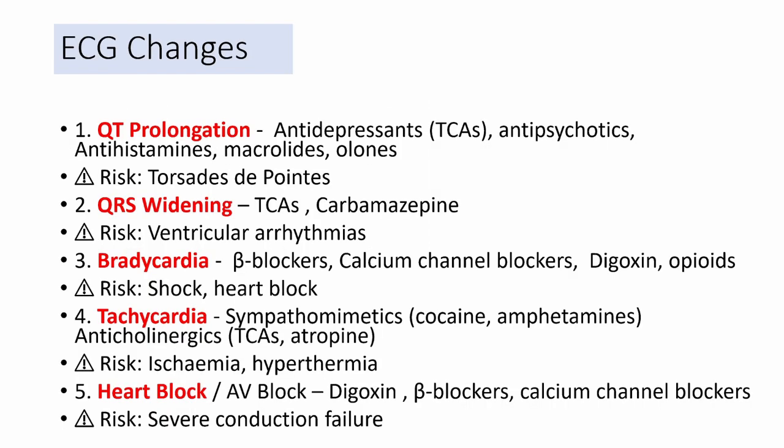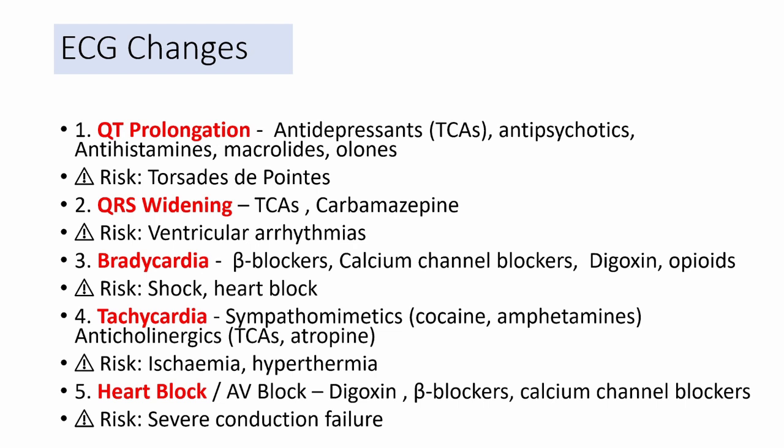The ECG changes: antidepressants cause QT prolongation, and QRS widening occurs in carbamazepine and tricyclic antidepressants. Bradycardia occurs with beta blockers, calcium channel blockers and digoxin, as with most drugs that cause bradycardia.